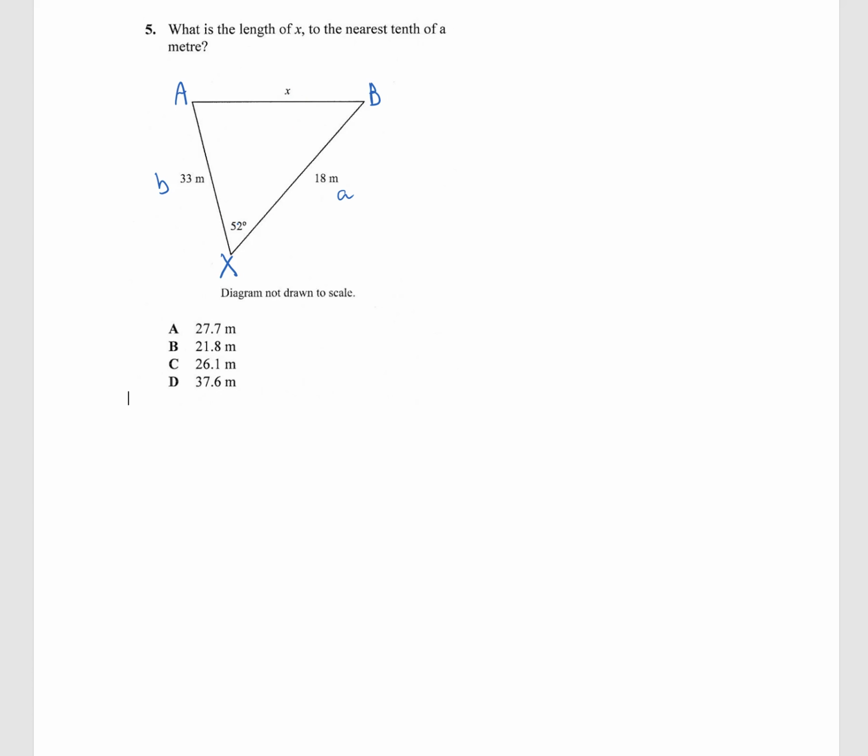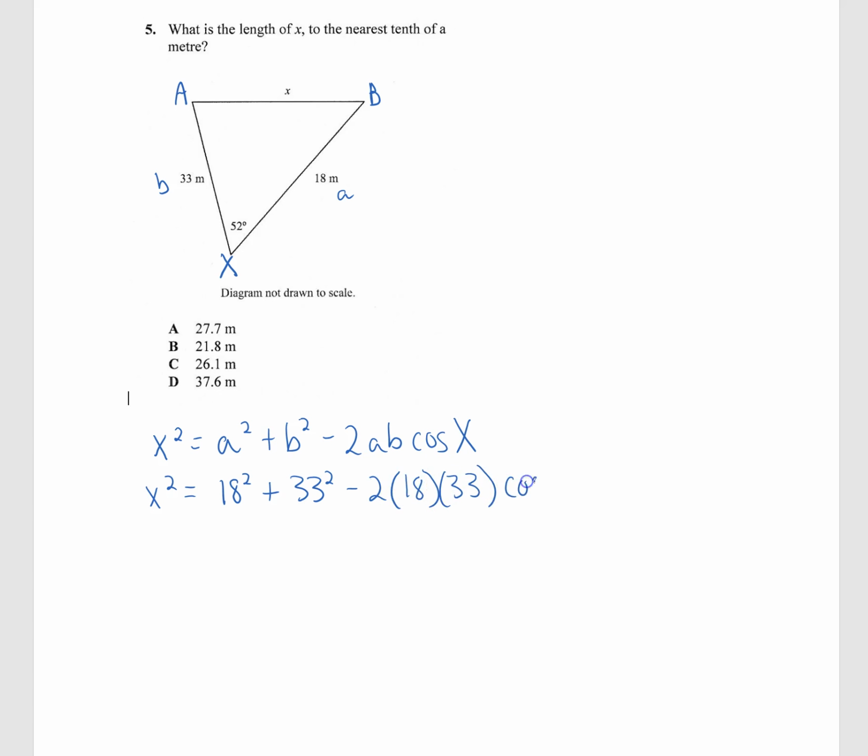So the way we're going to set this up is x squared equals a squared plus b squared minus 2ab times cos of X. Okay, so plugging in some values here. a is 18 meters, so we have 18 squared. b is 33. 2 times 18 times 33 times cos of 52 degrees.